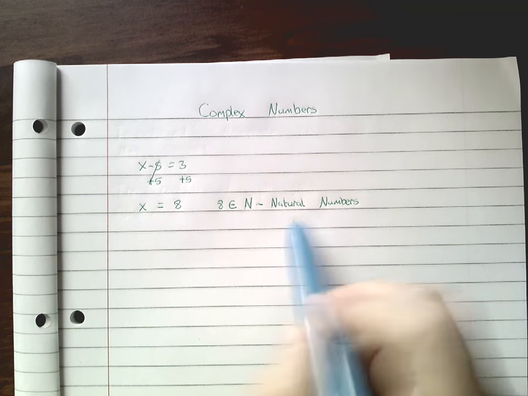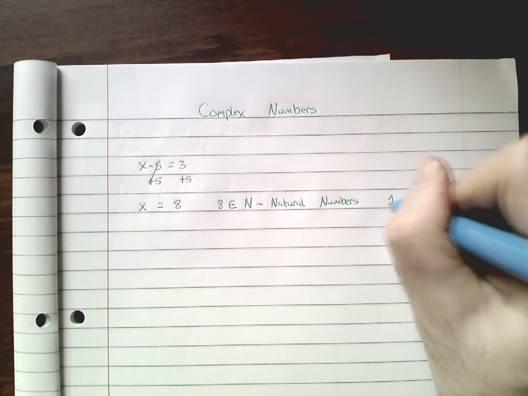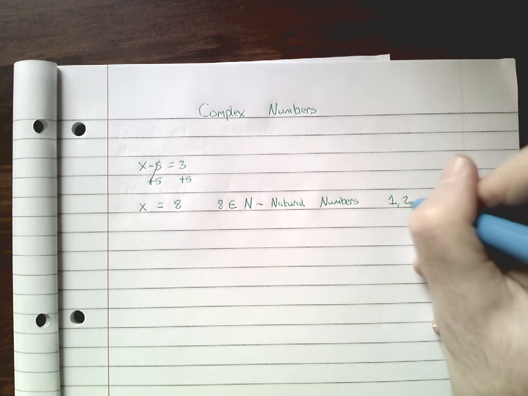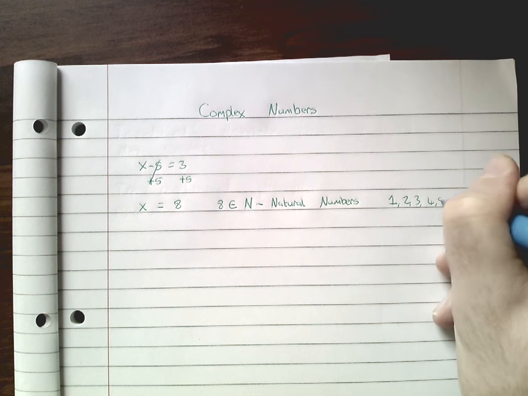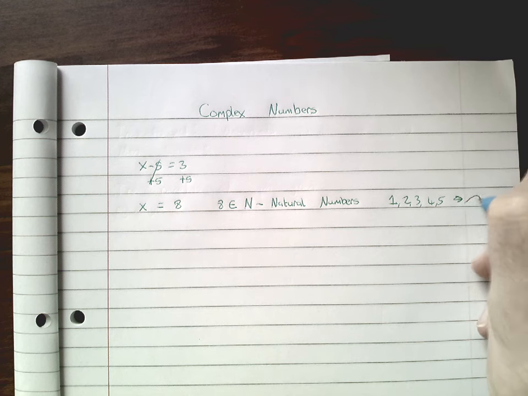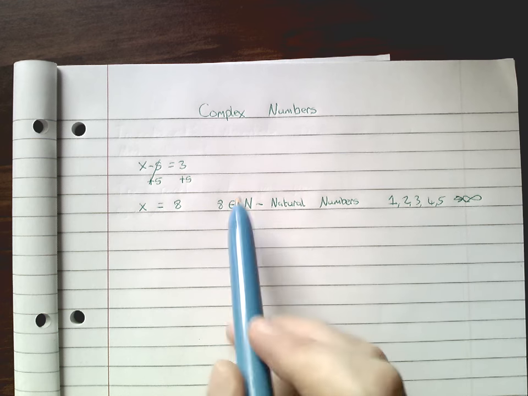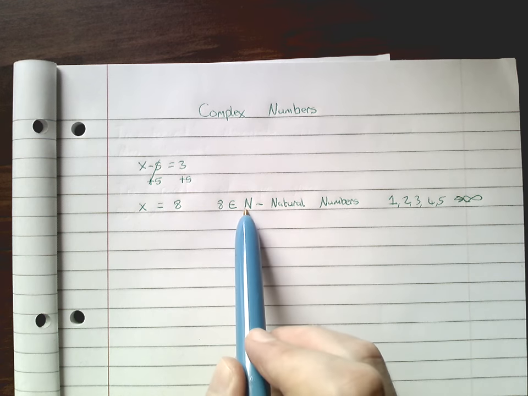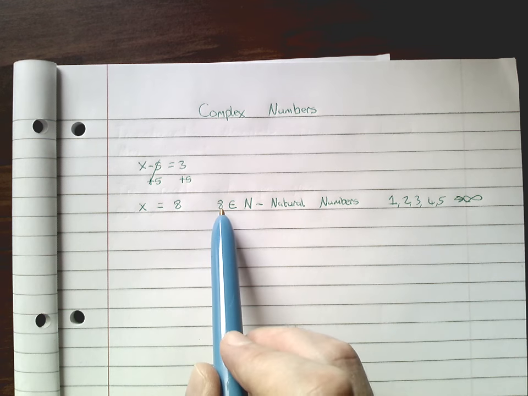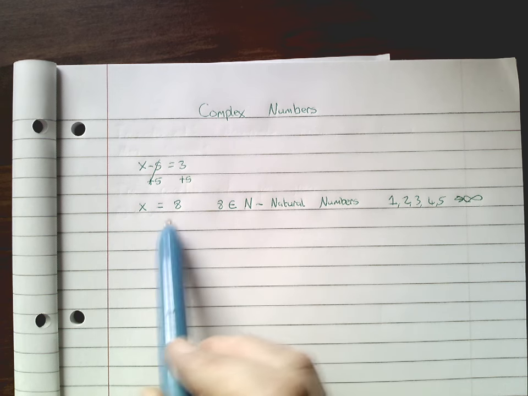Natural numbers are, for example, 1, 2, 3, 4, 5, all the way up to infinity. So these go all the way up to infinity, and these are called natural numbers, and the letter that we use is N. And this just means that the number 8 is an element of the set of natural numbers. So again, just natural numbers.